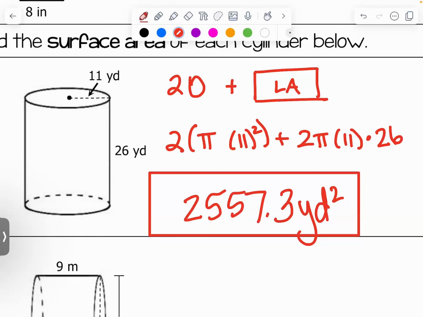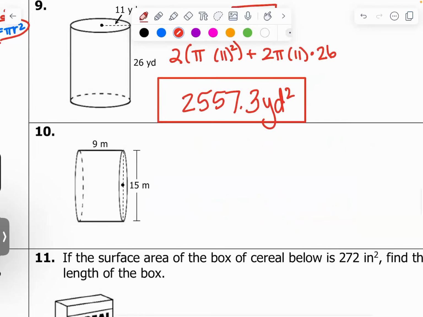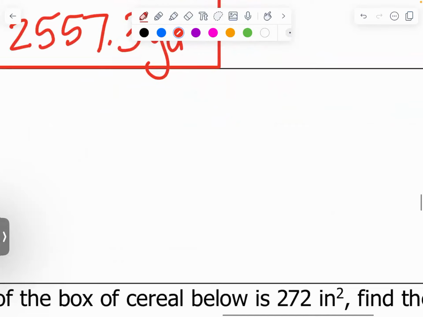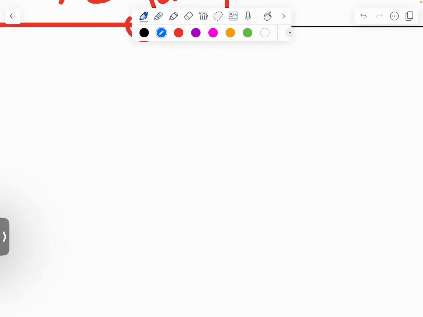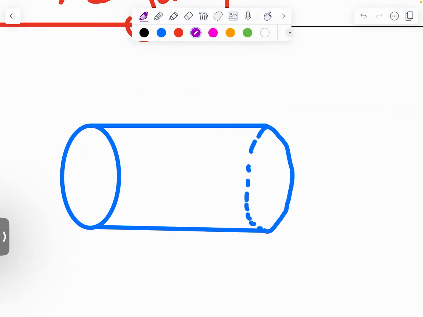Okay, now, I don't think we need to do number 10 because I think you're gonna be okay. But in number 10, what's the one thing you need to do before you find the surface area? Okay, the radius is half of the diameter. Now, let's just say hypothetically, you get to your homework and there is a cylinder where the slant height is given.